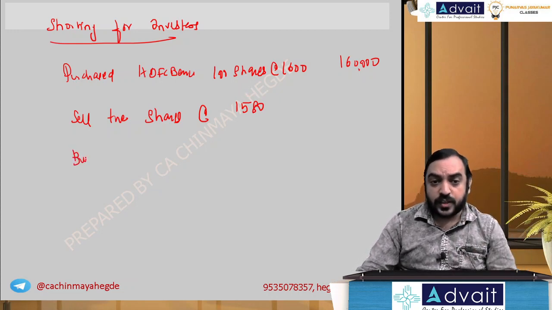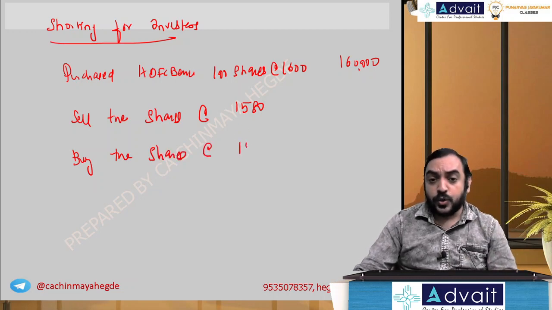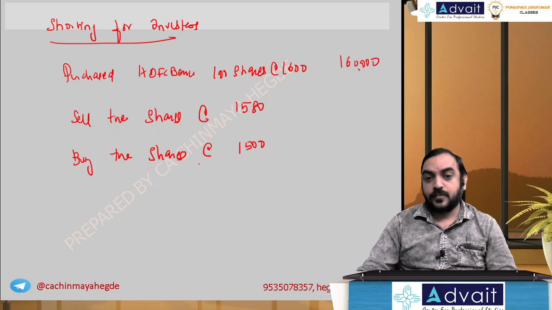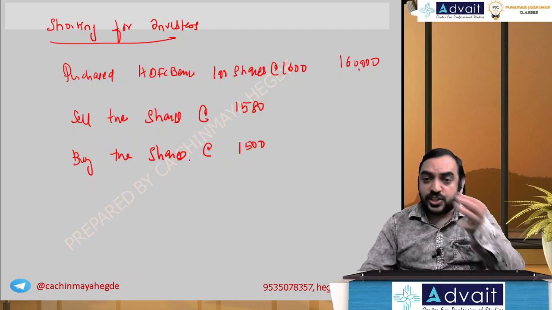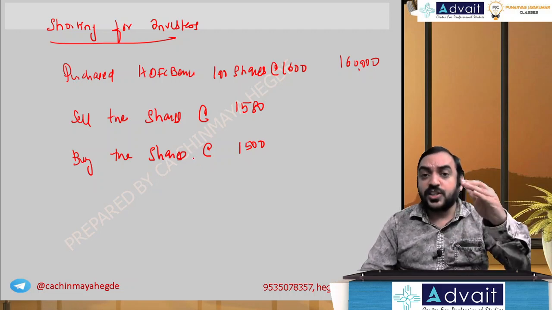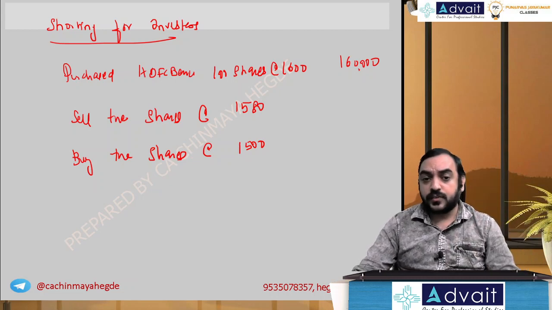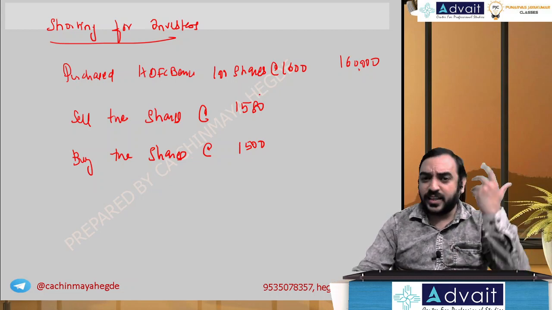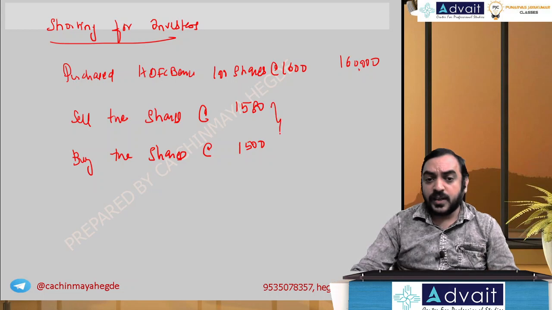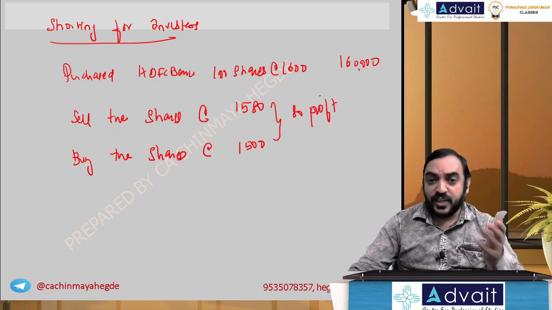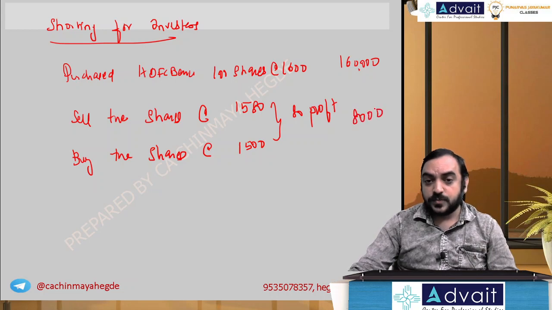Then you buy the shares again when the share has fallen down to 1,500. Not now, let's say 1 month later, 2 months later, whenever it is. Ultimately, you have 80 rupees profit, means 80 into 100, 8,000.